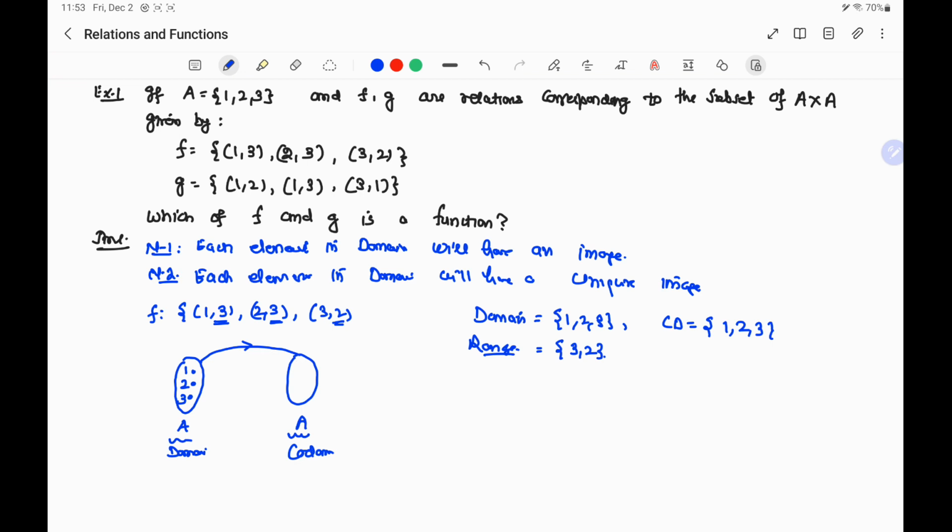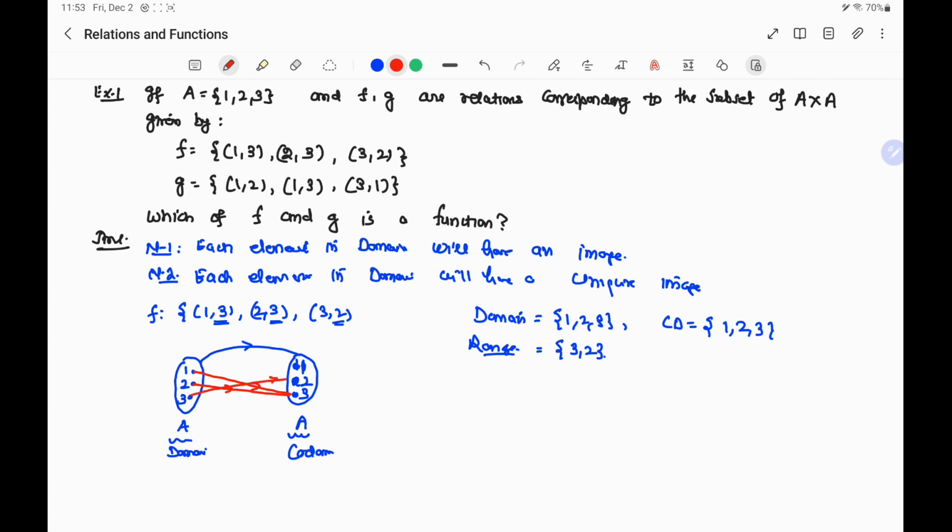Codomain is also having the three elements, 1, 2 and 3. And mapping is 1 is related with 3. Then 2 is related with 3. And after that 3 is related with 2.